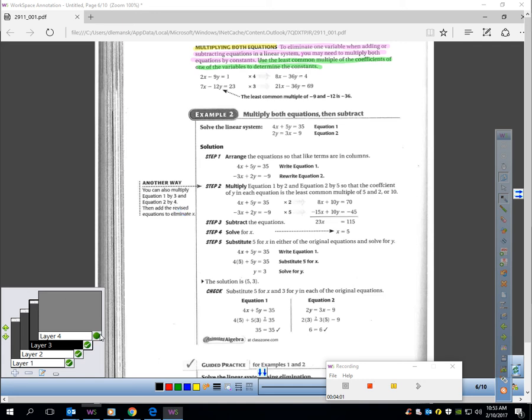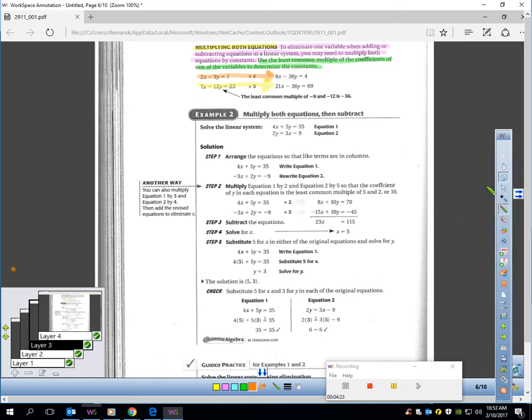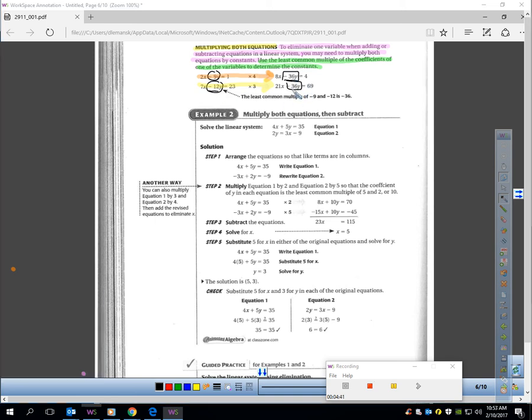So if you look at this sample here, do you notice that, let me circle it here, these two numbers are what the book decided to eliminate. They figured, hey, if I multiply negative 9 by 4, I get negative 36. And if I multiply negative 12 by 3, I get negative 36. So I'd have an elimination.